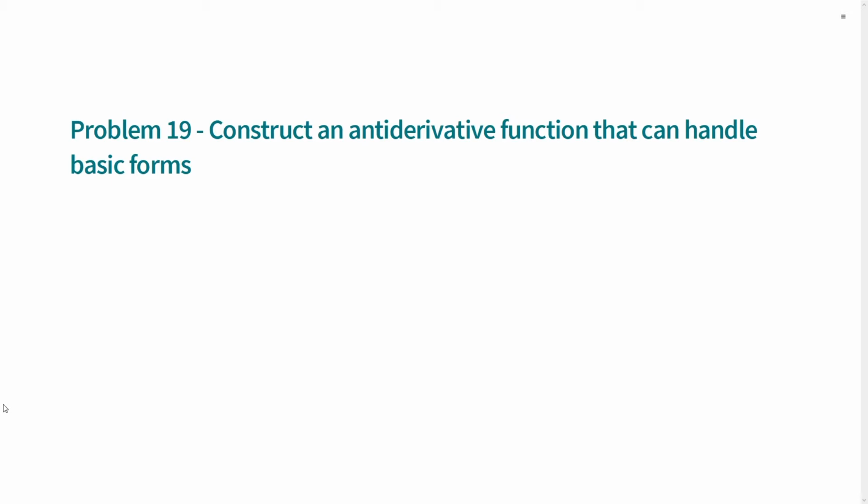An antiderivative should have the property that it can distinguish between polynomials and exponentials with positive base, and also x to negative powers as well. So there's actually 3 different things that we want to be able to differentiate. We want to be able to handle polynomials. We want to be able to handle exponentials with positive base.